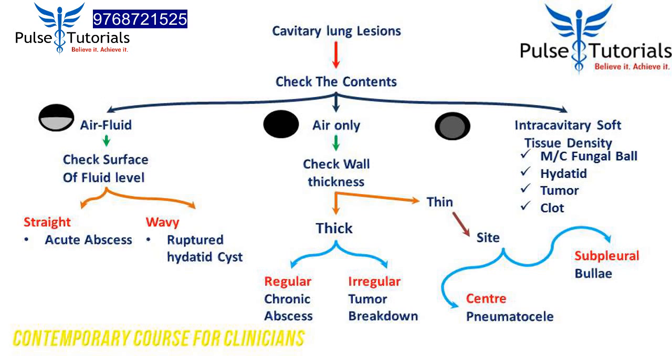If the wall is thin, then our differentials will include stuff such as pneumatocele or bulla, depending on the site. So a central thin walled air filled cavity, you call it a pneumatocele, and a peripheral or a subpleural air filled thin walled cavity will be called a bulla.